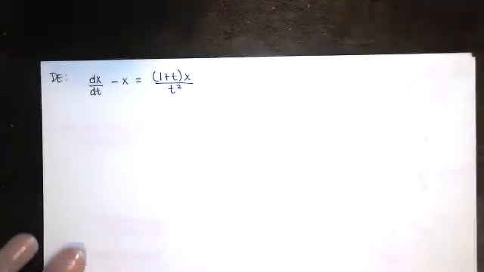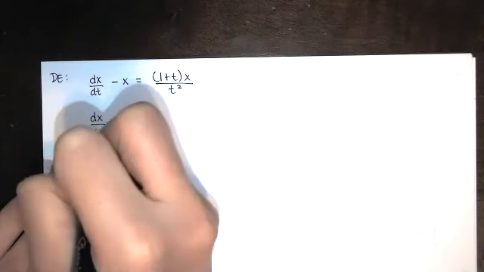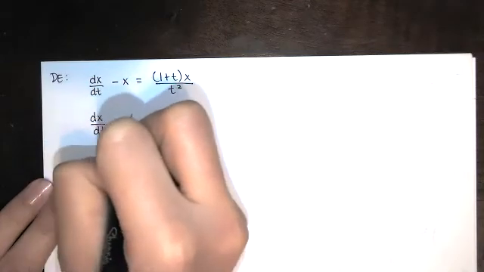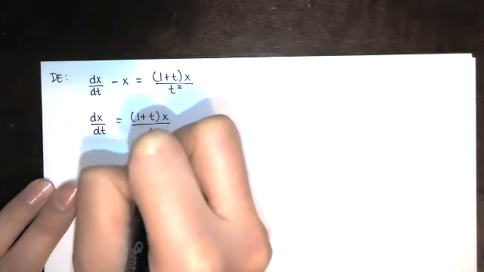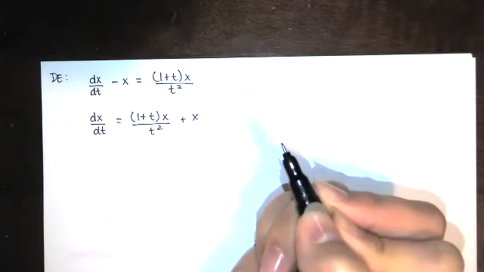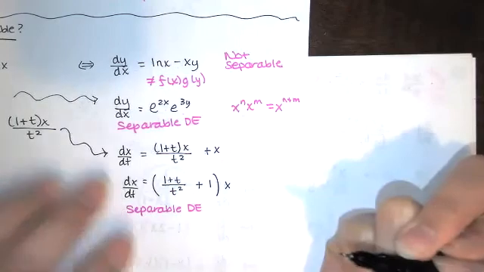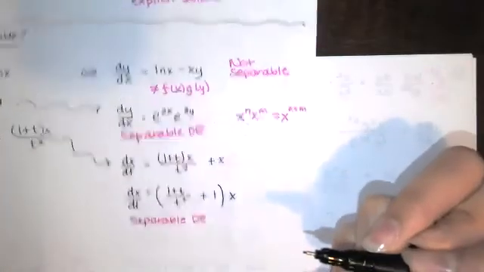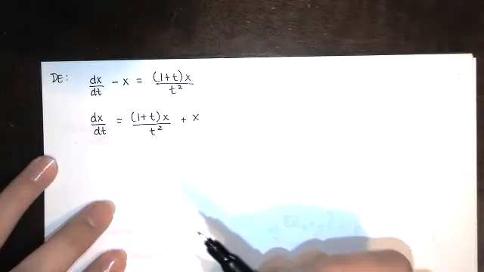And we said it was separable because we could add the x to the other side, and we saw that it was factorable. I think I made a sign error earlier. There we go. Sorry about that. Okay, this is factorable.